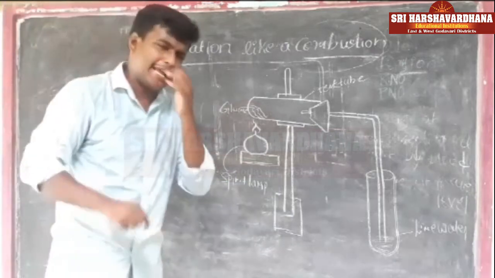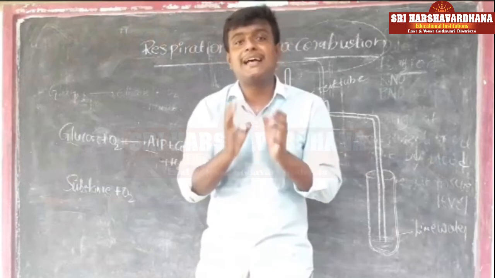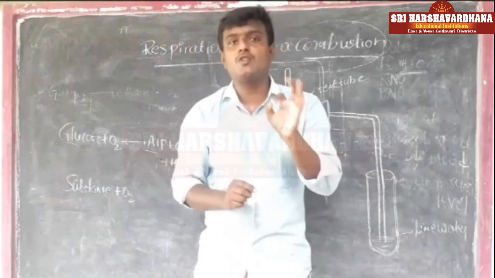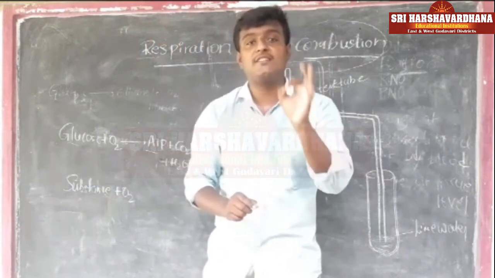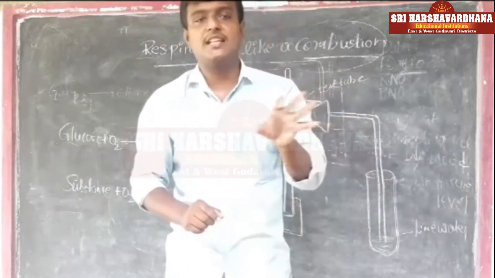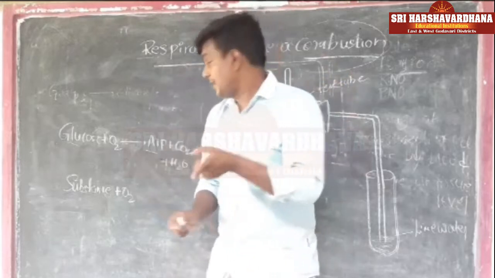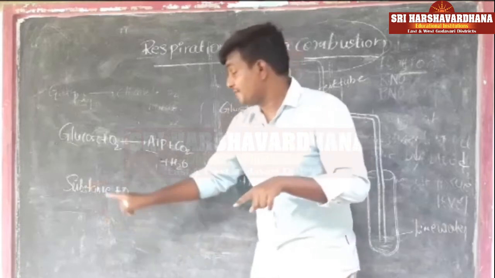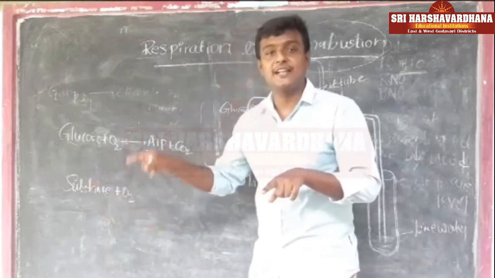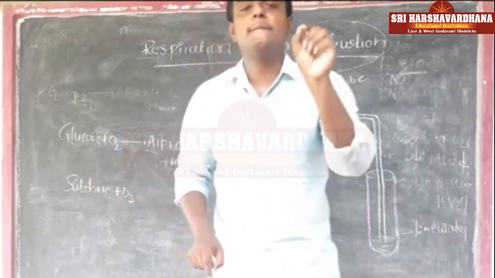If you want to burn any substance, what gas do we require? For example, if you want to burn anything, we must require oxygen. Without oxygen, nothing will burn. Similarly, when any substance is burned with the help of oxygen, that process we call the combustion process.